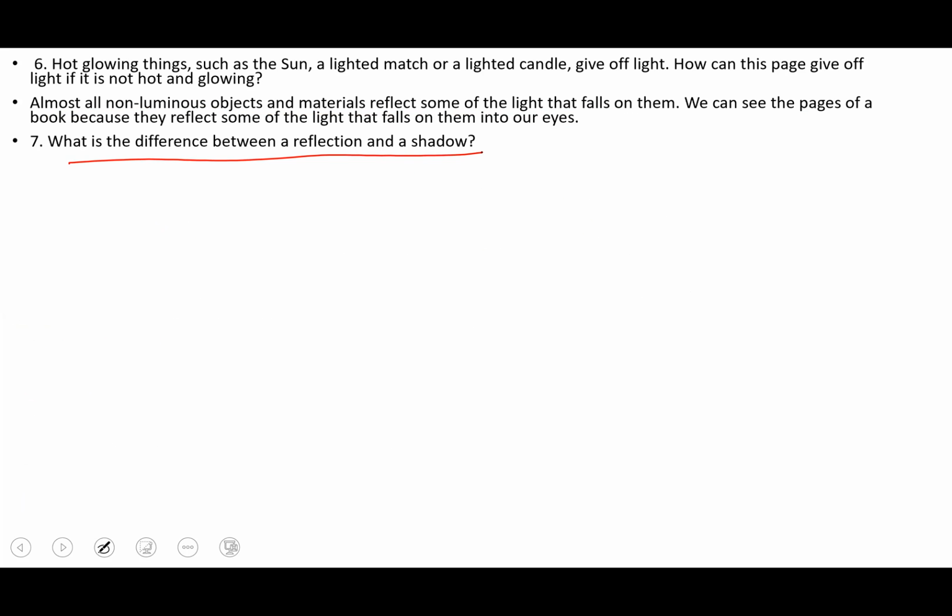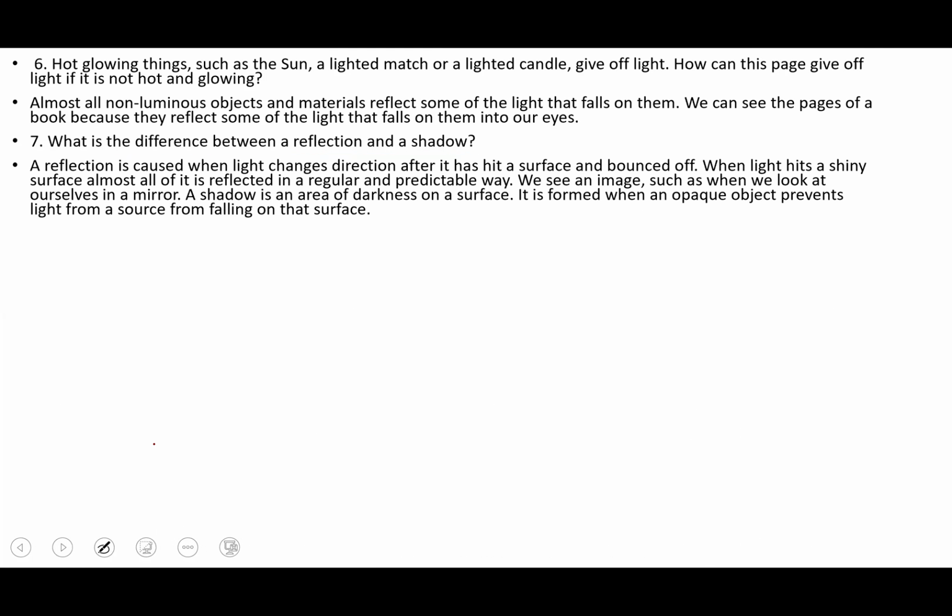What is the difference between reflection and shadow? Let us answer that. A reflection is caused when light changes its direction after it has hit a surface and bounces off. When light hits a shiny surface, almost all of it is reflected in a regular and predictable way. We can see an image, such that we can look at ourselves in the mirror.